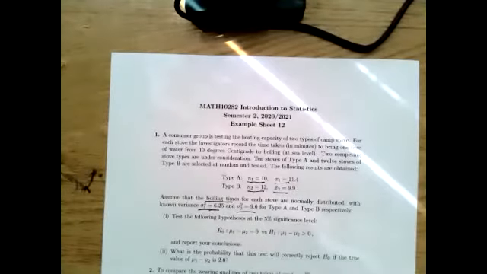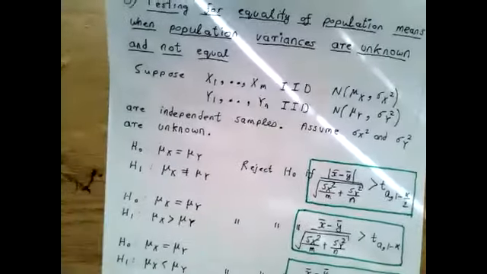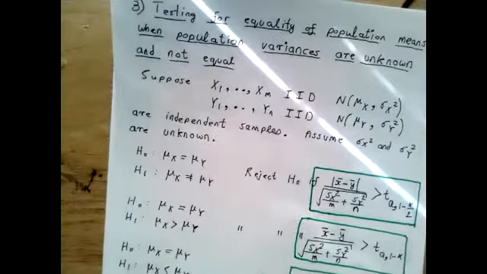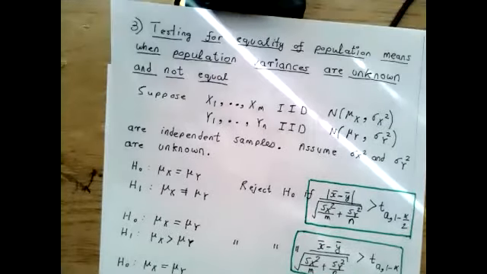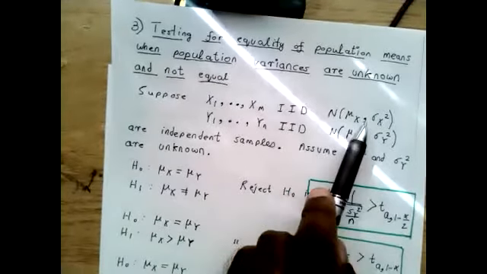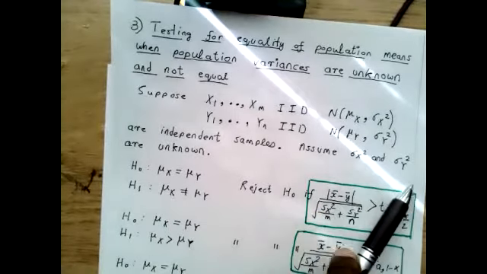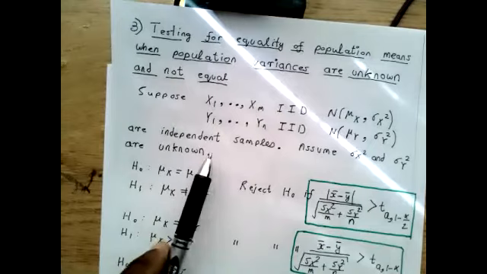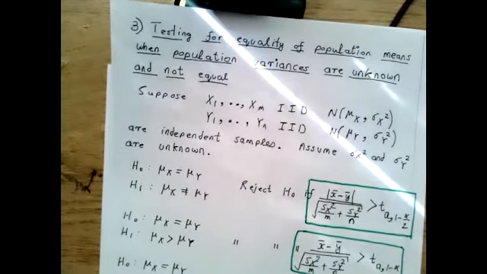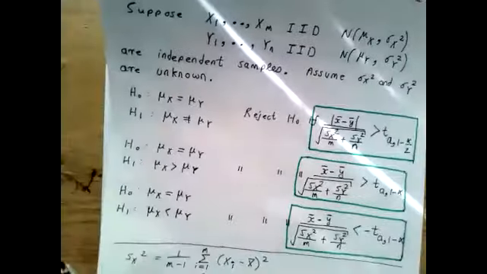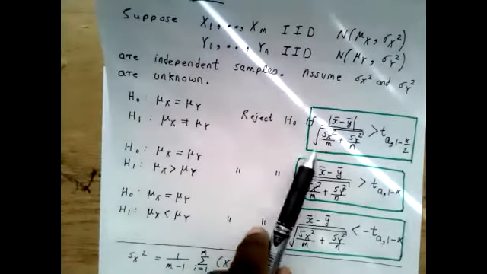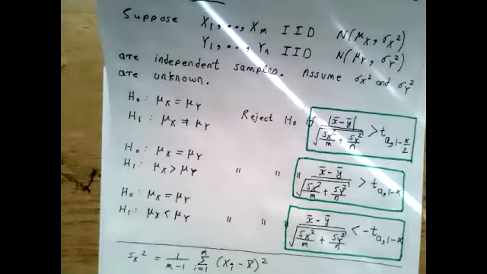And then you have case number 3, where once again we are testing for equality of population means, but this time the population variances are assumed to be unknown, right? And the rejection rules for the 3 sets of hypotheses are these 3 rules.